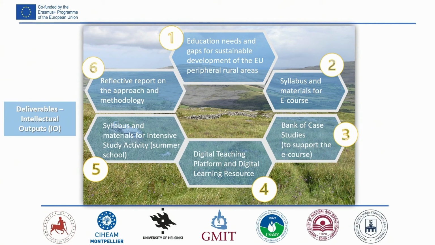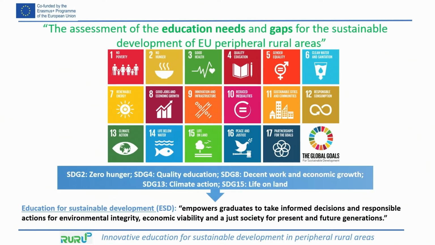The sixth then is to create a reflective report on the approach and the methodology used across the entire project. So just in the wider scheme of things, the Aurora project focuses on 5 of the 17 UN Sustainable Development Goals.